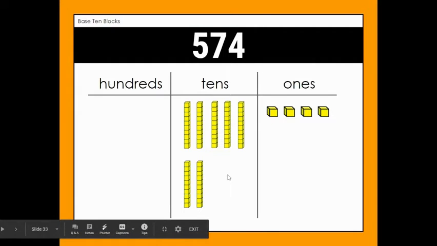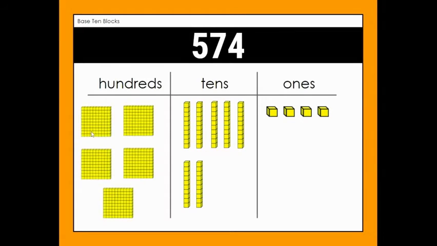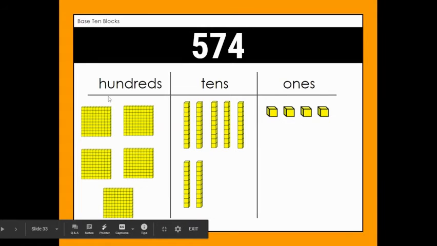Now let's look at our hundreds place. We have a 5 in the hundreds place. So let's do our 500s. 1, 2, 3, 4, 5. All right, let's count the number all together.